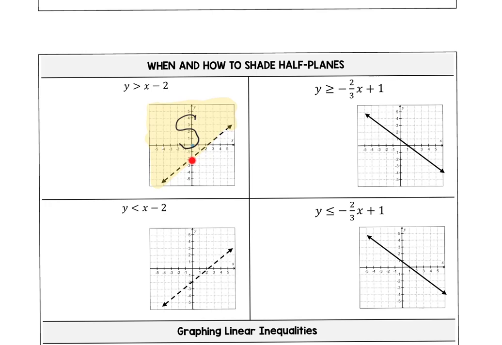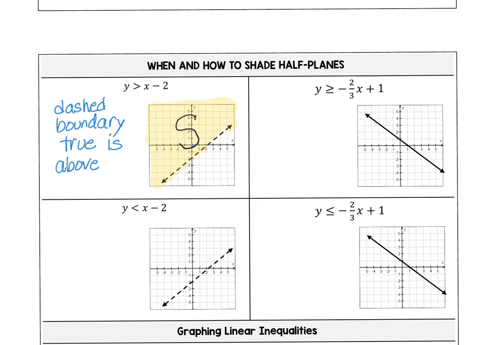So all the y values that are bigger than the line are going to be up here. And that's another way to think about how to go about shading. So we can say we've got a dashed boundary, right? And on that dashed boundary, we're going to be true for y values above the boundary line.